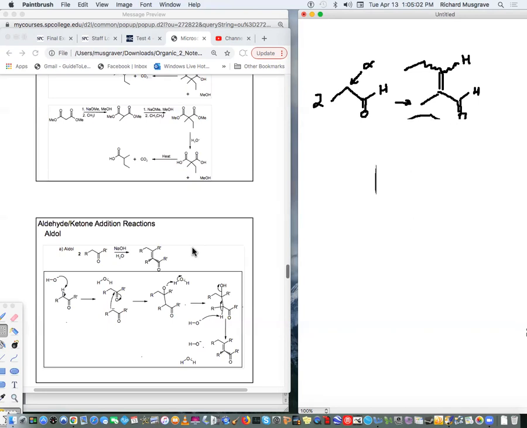Well, before I actually do the mechanism, I'll show you how you can figure out what the product is going to be without even really doing the mechanism.